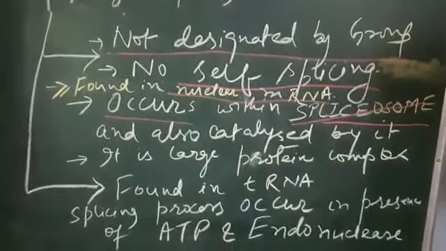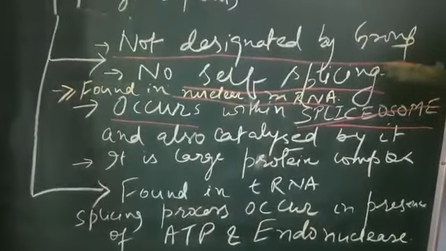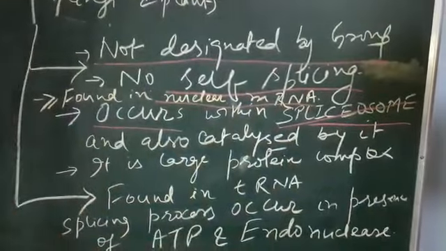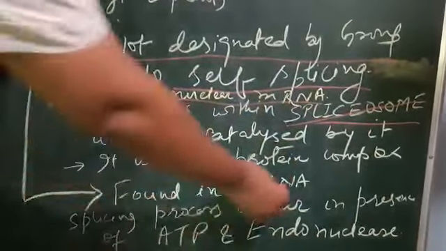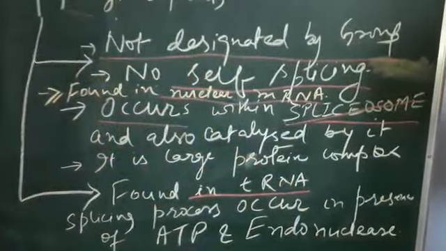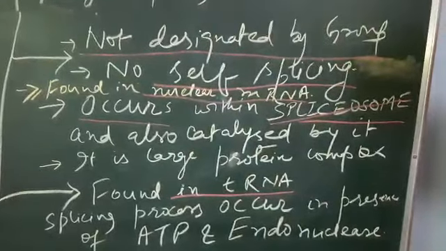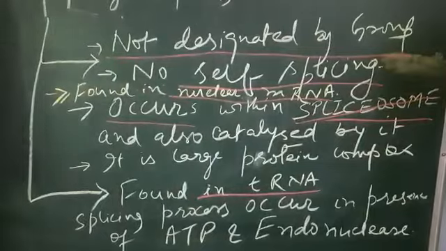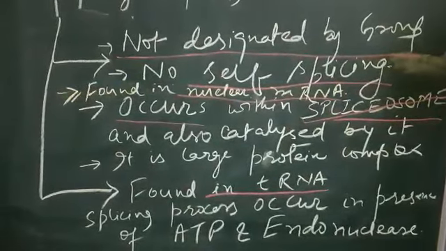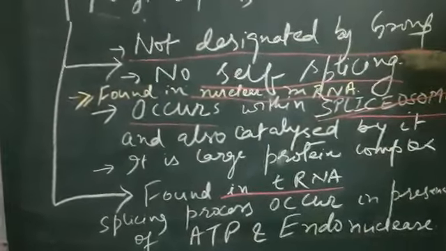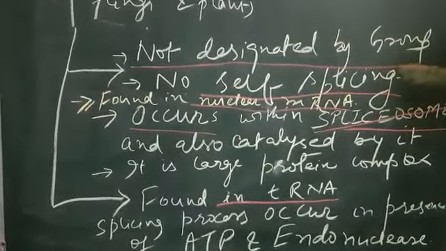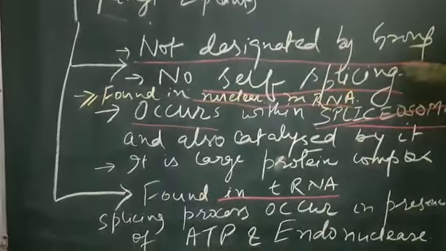Now, what about the fourth class? The fourth class of intron occurs in tRNA, and what is the difference in their splicing process? This splicing process is catalyzed, or you can say it occurs, in the presence of ATP and endonuclease enzyme.